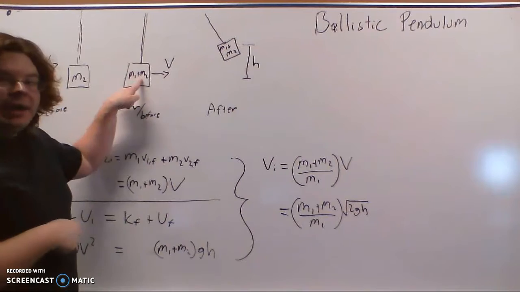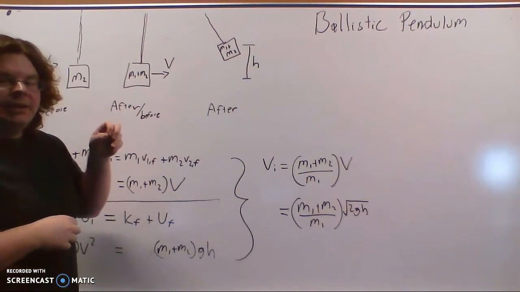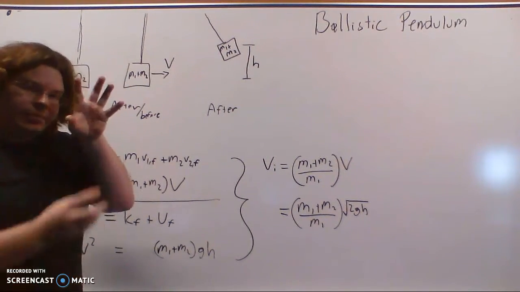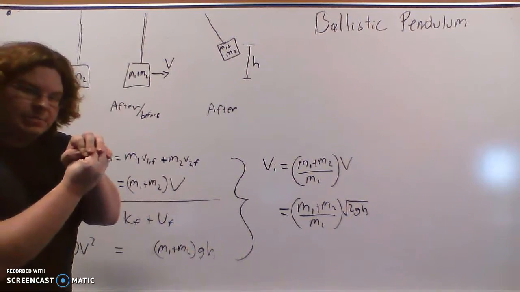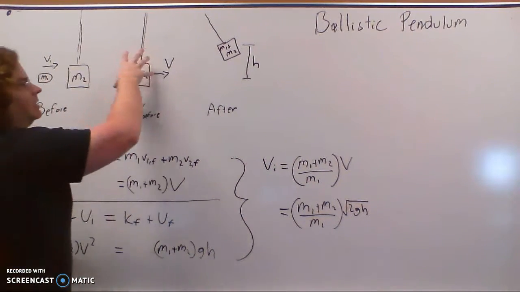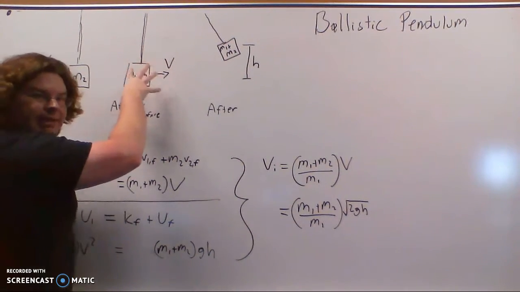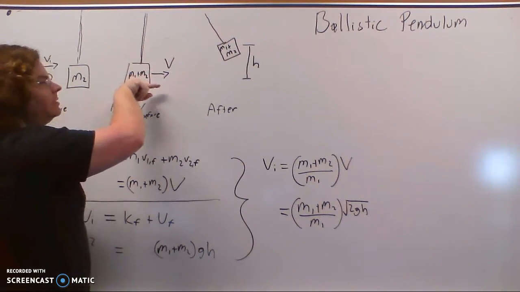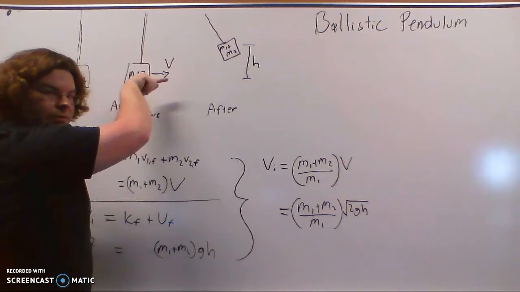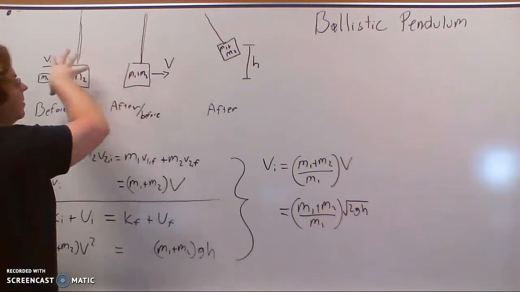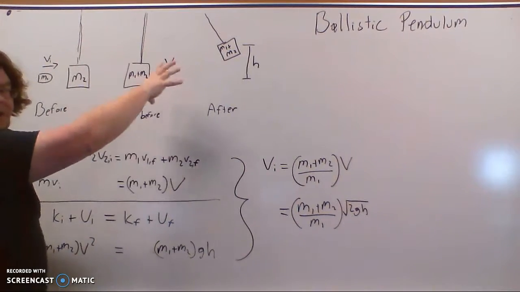It's the moment after the two things have come together and begin to move. So it hasn't actually swung up yet, but in this after situation, both of the masses are combined and they are in the process of beginning to move this way, conserving momentum along this direction.